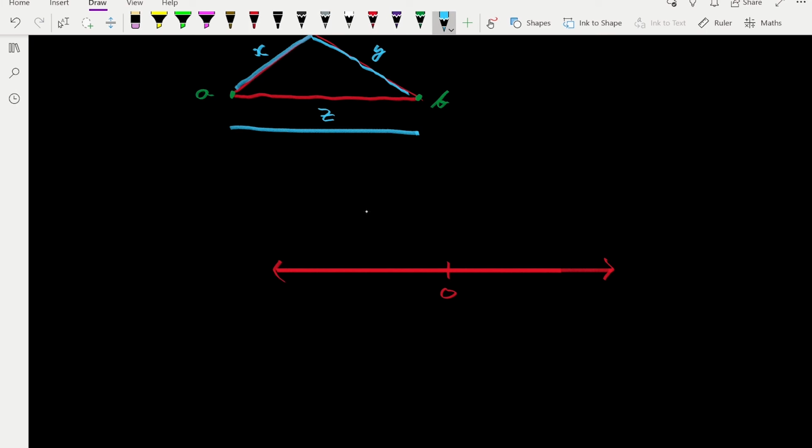The absolute value of the product of x and y is just equal to the product of the absolute values of x and y. Well, let's imagine that x is 3. So let's say x equals 3 and y equals 2.